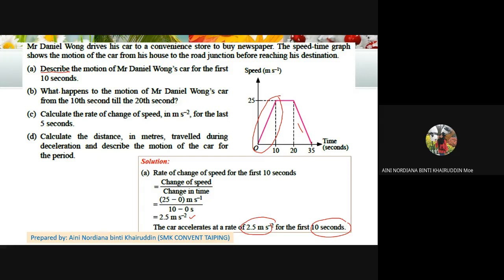Okay, B. What happened to the motion of Mr. Daniel Wong's car from the 10 second till the 20 second? So apa berlaku kat sini?